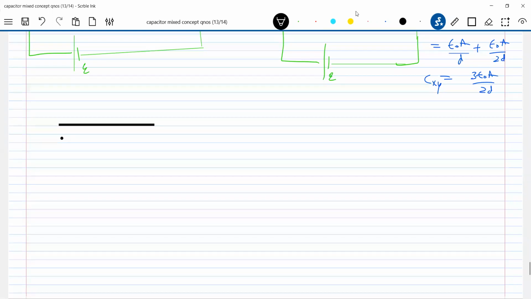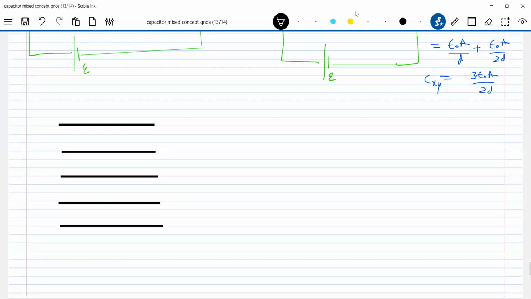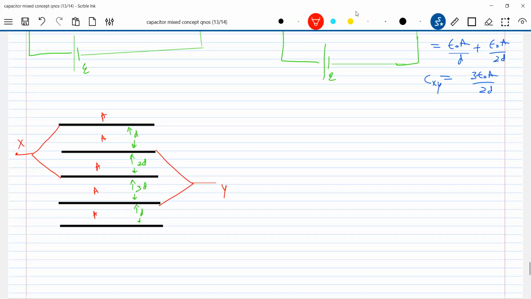Let me give one more. The separation between the plates is D. All plates are identical, with area of cross section A. What is the capacitance CXY?